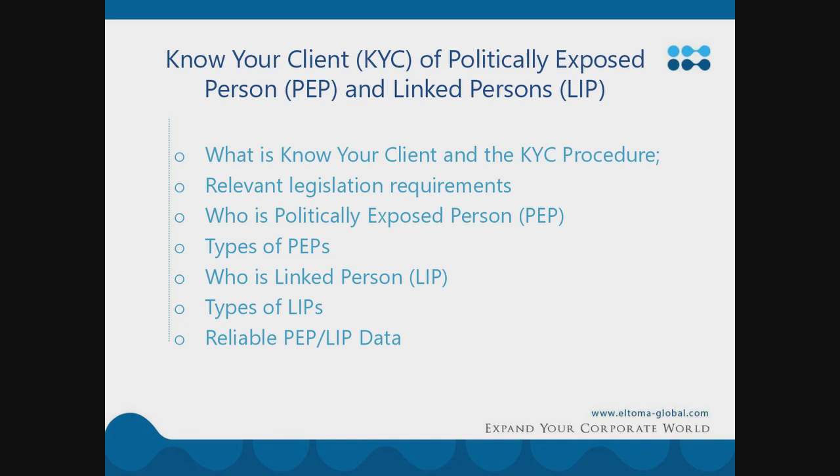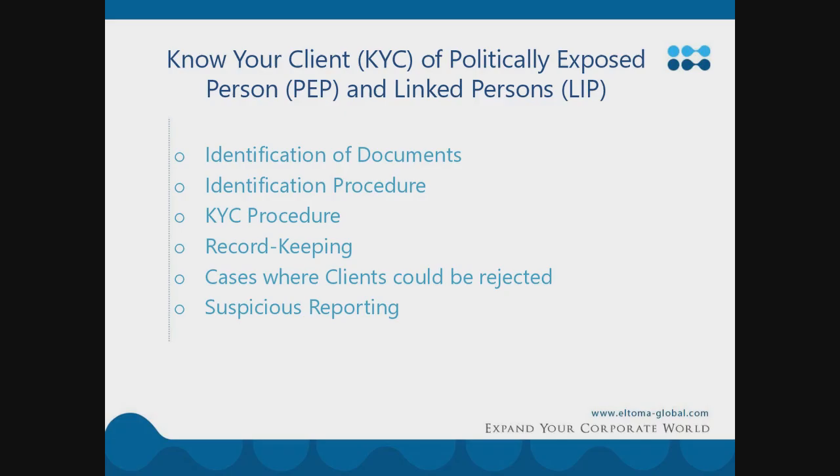First of all, what is the procedure of KYC, know your client, relevant legislation and requirements for politically exposed person, who is such person, their types. Also, we will discuss the issue of linked person and the types of linked person, where to find reliable PEP and LEAP data information.